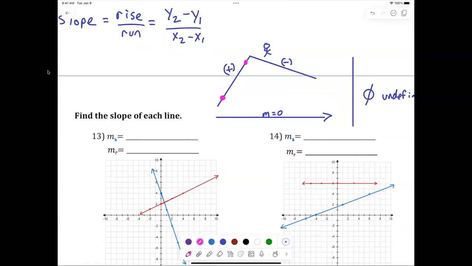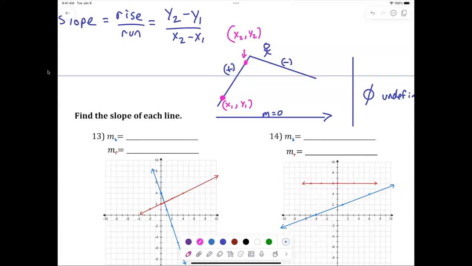This point right here is called x1, comma, y1. This is a second point, that's called x2, comma, y2. They are just subscripts indicating that they are 2 different points. That's it.